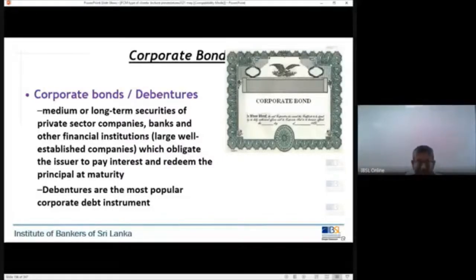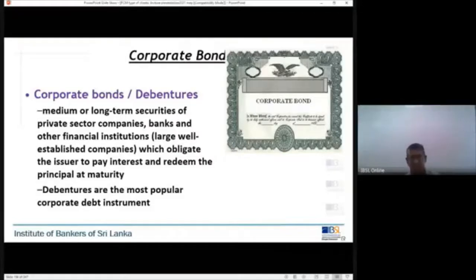Now debentures are usually issued by banks, so if the banks are facing a capital adequacy problem, I think you may learn about capital adequacy. Have you learned about the capital adequacy ratio, CAR, in your commercial banking course?